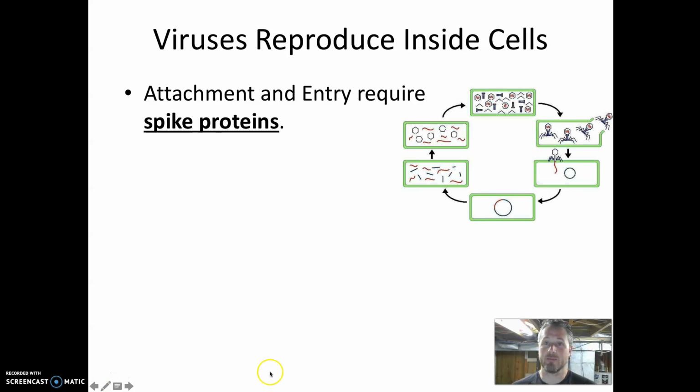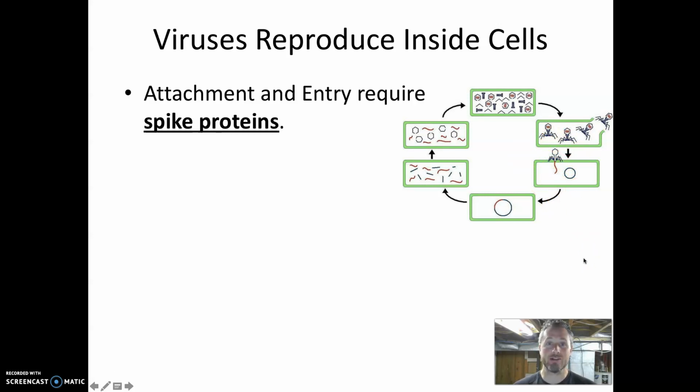So if we look at the typical bacteriophage, we've got that viral particle attached to the outside of the cell using its tail fibers, which act as the spike proteins. That allows the virus to stick, attachment, and to deliver its genetic material into the host cell, entry. Again, none of that could happen without spike proteins.